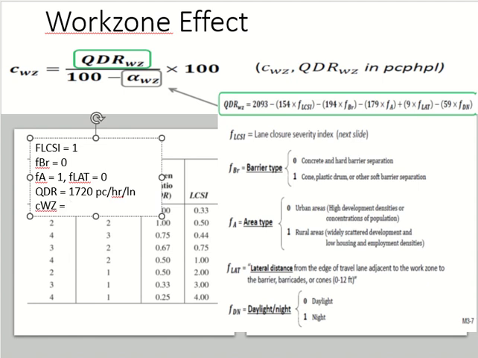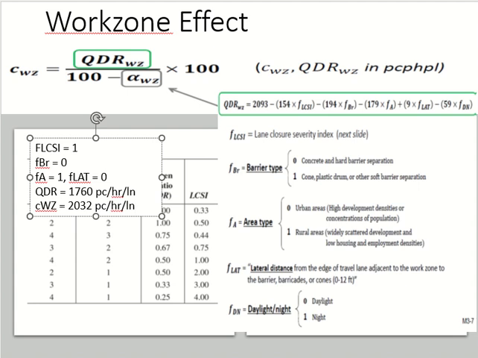Anybody else? 1760. Very good. Let everybody have his own value. The QDR is 1760. Okay, this one. 1760. Then what is the capacity? 2032.